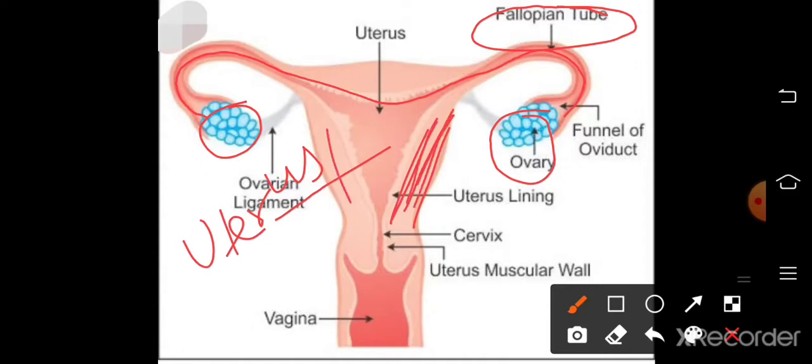This is the narrow portion called the cervix, and this is the vaginal portion. This is the vagina. So this is the simple, or typical, structure of the female reproductive part.